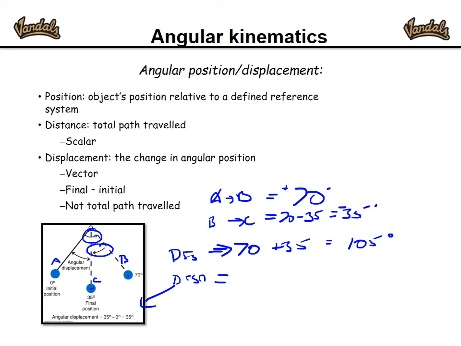How is that 35 degrees? My position final minus my position initial. Position final is 35 degrees positive because I went counterclockwise, and my overall motion minus 0. There I have my 35 degrees. So the overall displacement was 35 degrees, but distance-wise, it went 105 degrees.